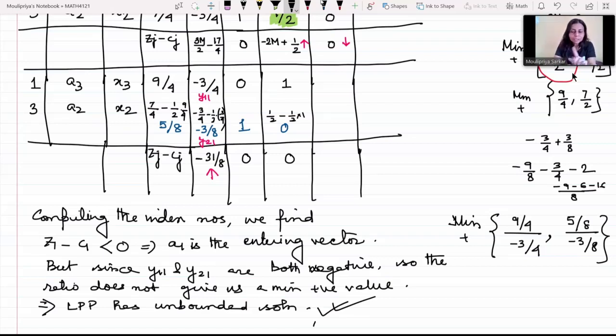So we basically did two cases today. The first case is if the artificial variable is not leaving the basis, we say that the problem has no solution. And if we are failing to get the minimum positive ratio, we say that the given LPP has an unbounded solution.